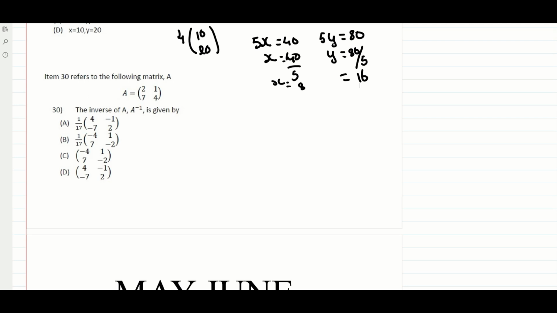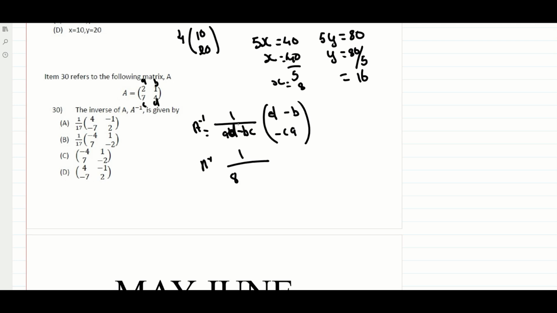Let's look at this. Item 30 refers to the following matrix A. Find the inverse. We have a formula for the inverse: A inverse is 1 over (AD minus BC) by the matrix with D, minus B, minus C, A. So this is A, B, C, D. 1 over AD, that's 2 by 4 is 8, minus BC, 1 by 7 is 7.